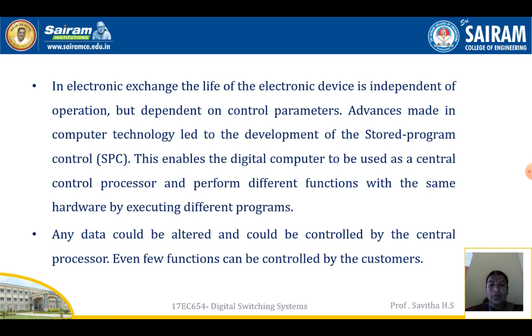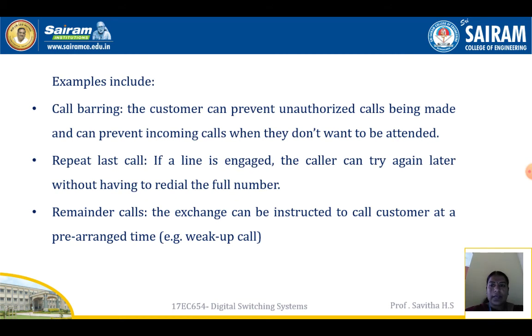Any data could be altered and controlled by the central processor. Even a few functions can be controlled by the customers. Examples include call barring. The customer can prevent unauthorized calls being made and can prevent incoming calls when they do not want to be attended. Repeat last call. If a line is engaged, the caller can try again later without having to redial the full number.